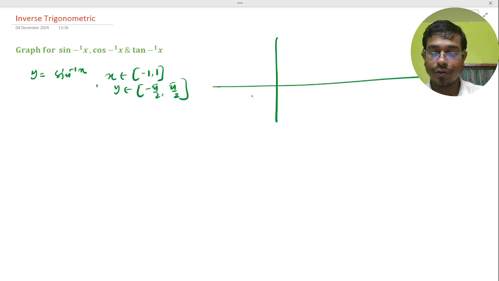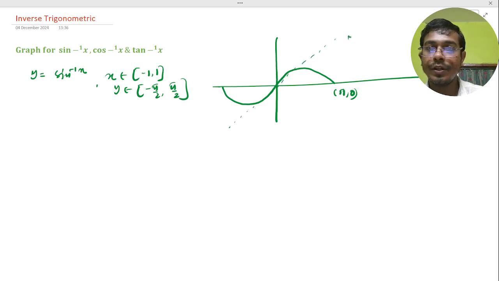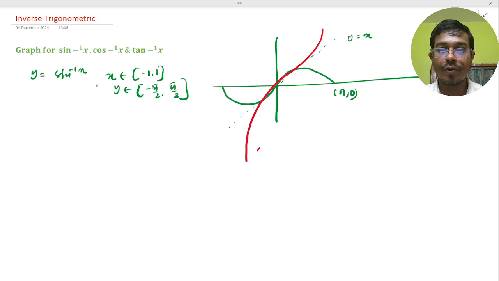For this concept we draw the sine inverse x. This one is for sine x, point pi to 0, and this one is the straight line y equal to x, and for sine inverse x we just plot like that. This one is for y equal to sine inverse x.